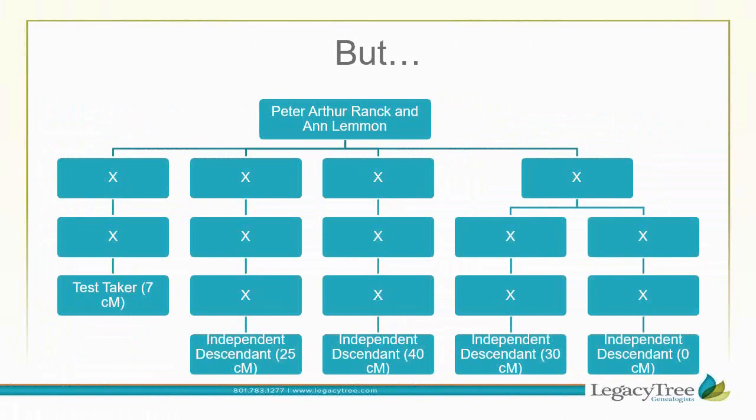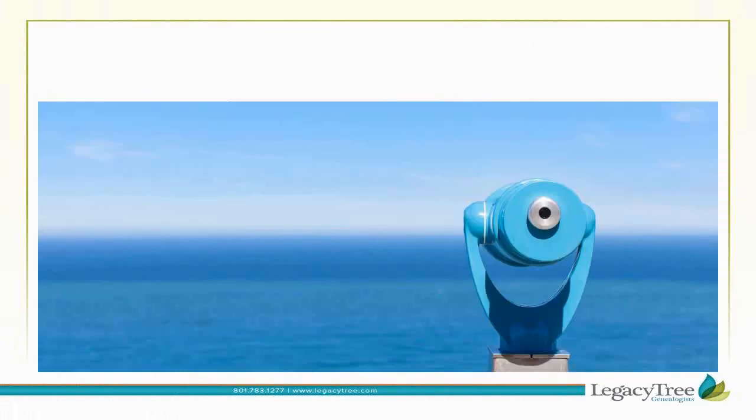They are valid matches to our independent descendants that we are looking at as we expand our net to include more of these distant matches and evaluate the significance of those findings. I like to compare it to our fishing analogy.